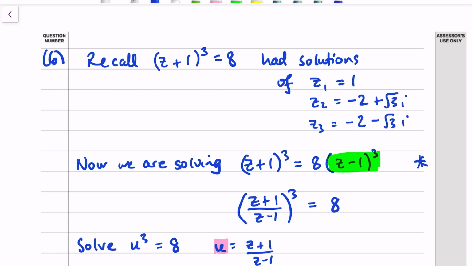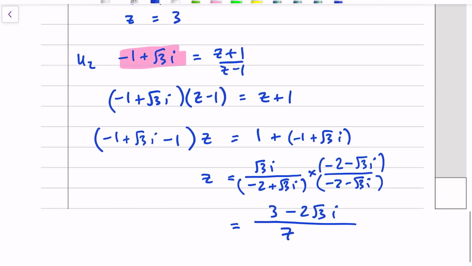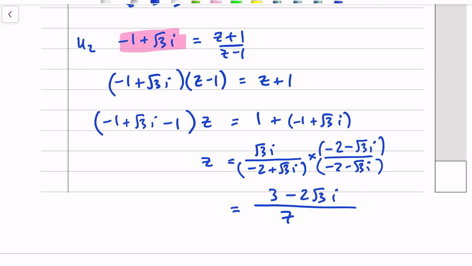Solutions have got imaginary terms, but the coefficients don't. Therefore, any complex numbered solutions must come in conjugate pairs. So the solution we found there, 3 over 7 minus 2 root 3 over 7i, u3 will be equal to 3 plus 2 root 3i all over 7.